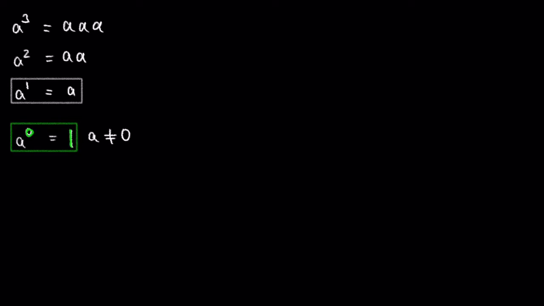Up until now, we have been looking at positive exponents and the 0 as an exponent. But what about negative exponents? A raised to the power of -1. This looks weird. How can we imagine a number multiplied by itself -1 times? Unfortunately, we can't.